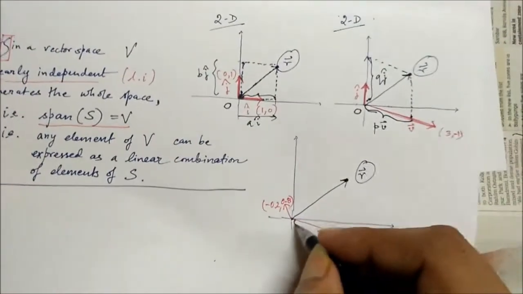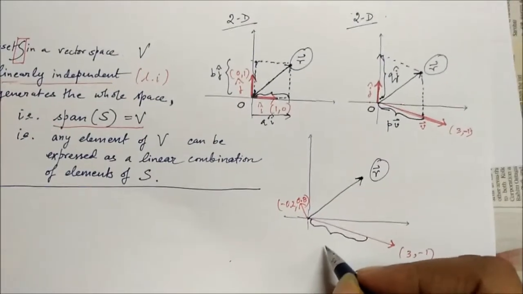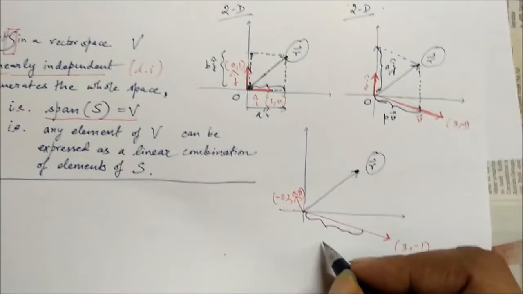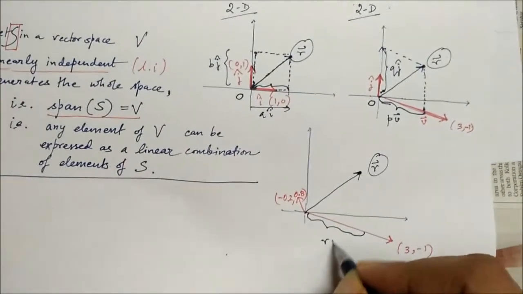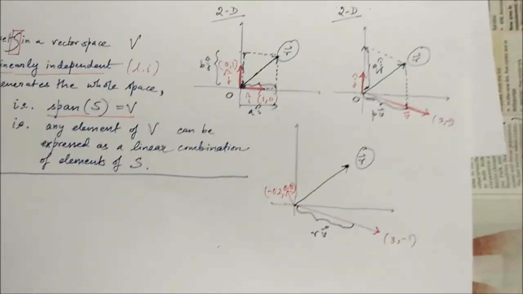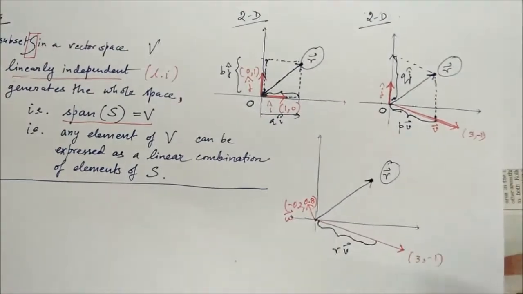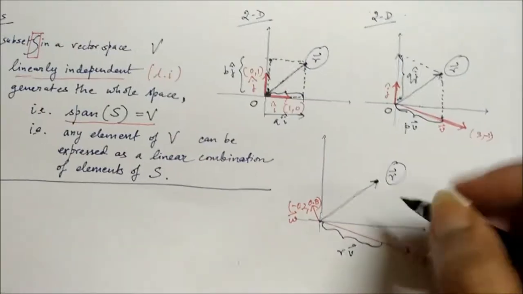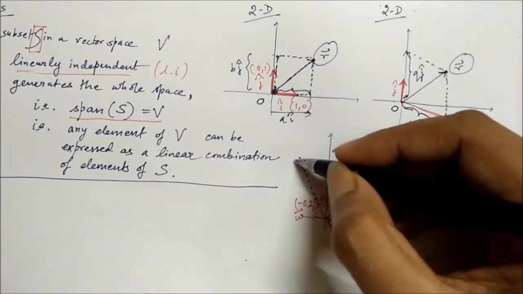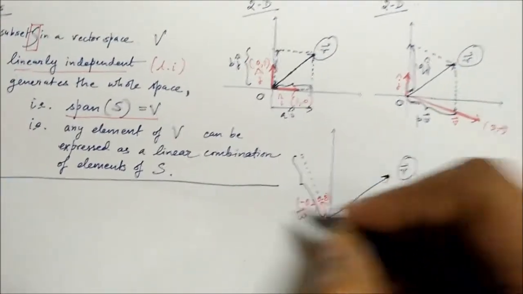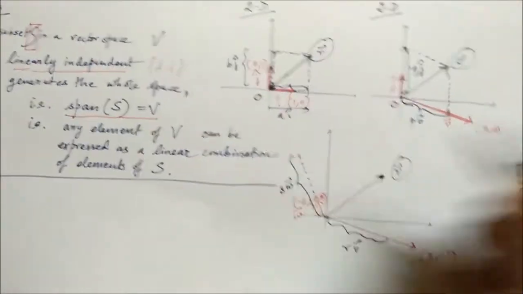Maybe we take some factor, right? What shall we name it? Maybe r, times v, and this new vector, let it be w. This scaled version of w, let it be s times w.